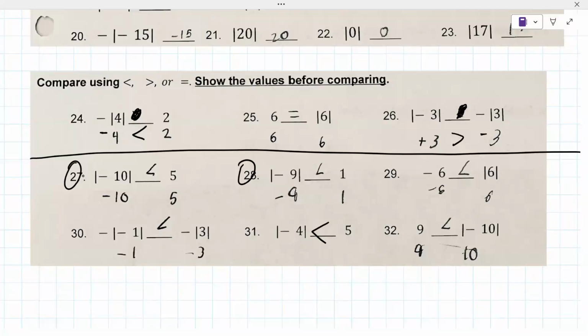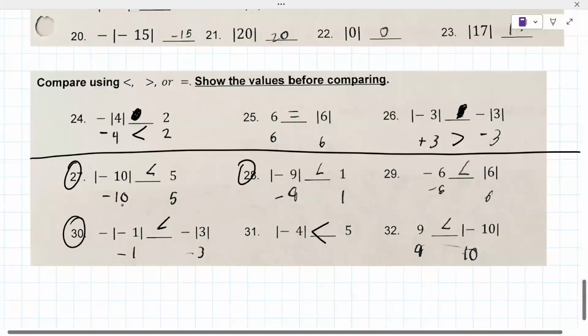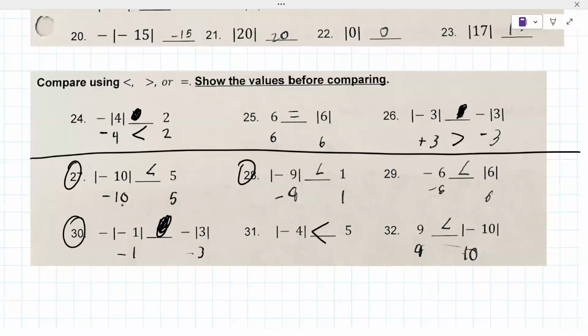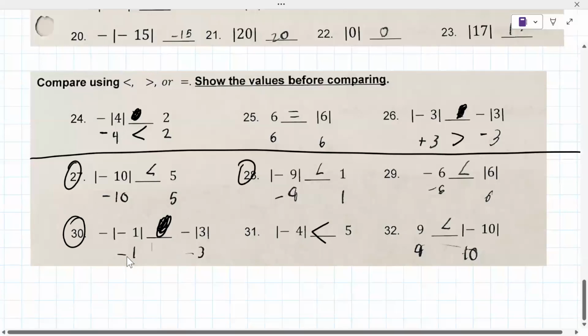Well, 30 looks like it's negative, but that's just erased text. One of the things I don't like is that I would put the answer down in the one I'm comparing, -1 and -3. So which is larger, -1 or -3? -1.